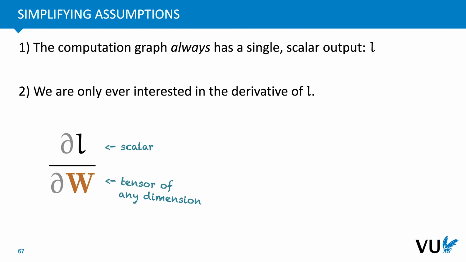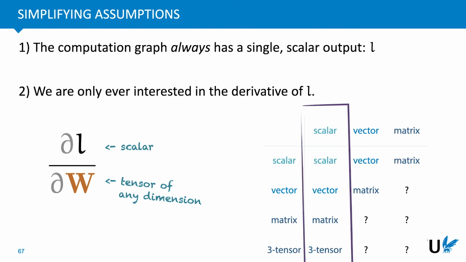It can be a vector, a matrix, can even be a 3 tensor, a 4 tensor, or a 5 tensor, so long as the thing we're taking the derivative of is a scalar. In other words, in the diagram we drew earlier, we are always in the leftmost column. The output of our function globally is always a number, and the input is always a 3 tensor. So we can very easily say that the shape of the derivative we're interested in is always the same shape as the thing we're taking the derivative over.